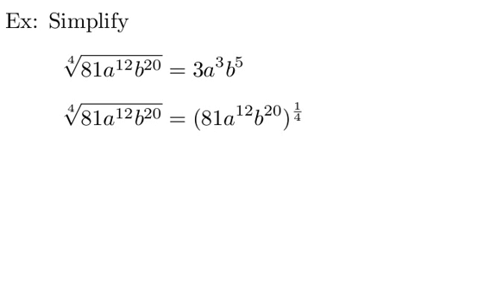So this is equal to 81 to the power of 1/4 times a to the power of 12 to the power of 1/4 times b to the power of 20 to the power of 1/4.